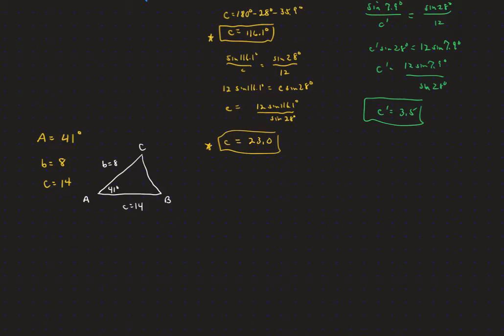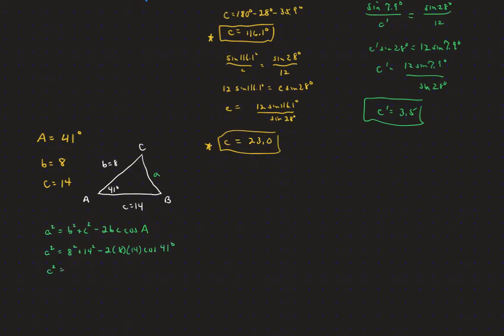Now, because of the information, the only way this will work is we're going to have to first solve for side A. So that means we want to use the version of law of cosines that says A squared is B squared plus C squared minus 2BC cosine of angle A. So A squared is going to be 8 squared plus 14 squared minus 2 times 8 times 14 times cosine of 41 degrees.